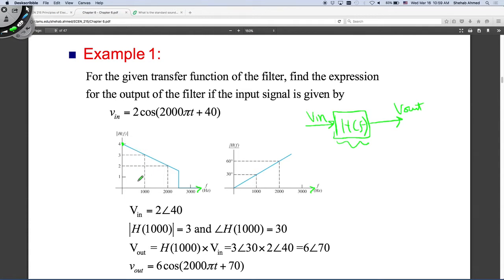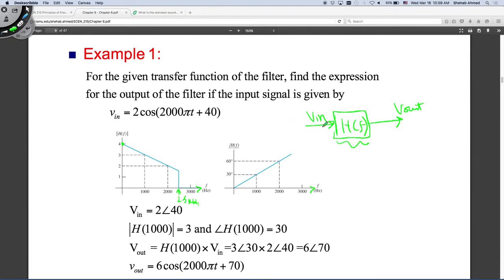And as we increase the frequency up to 2.5 kilohertz, it's being scaled down linearly, right? And anything that is beyond 2.5 kilohertz is multiplied by 0, right? The gain of this transfer function is 0.